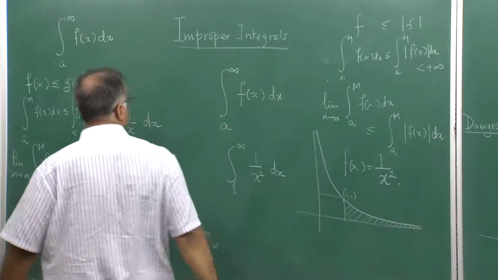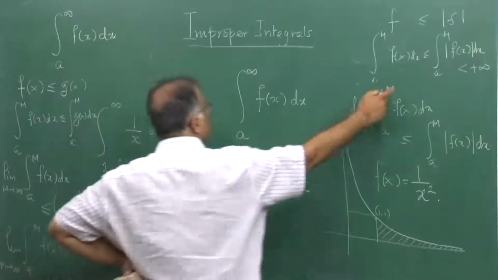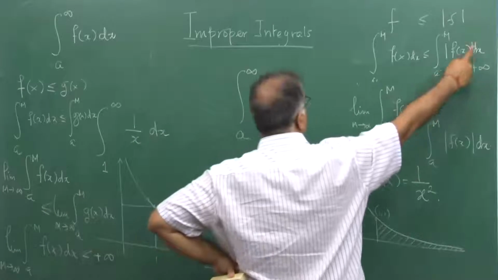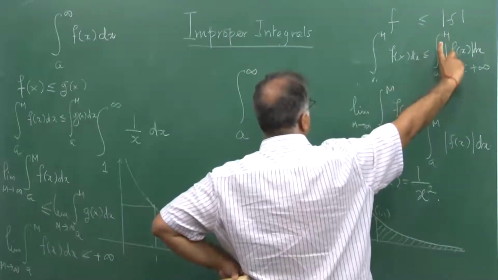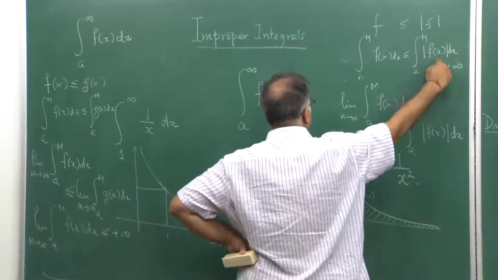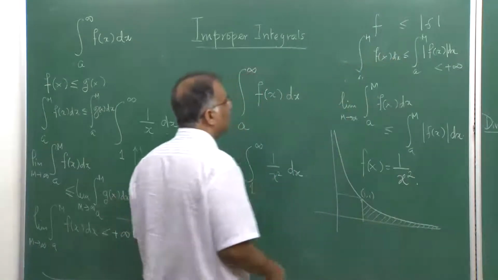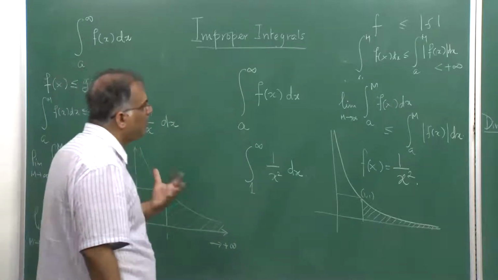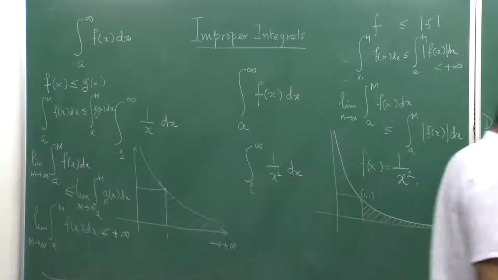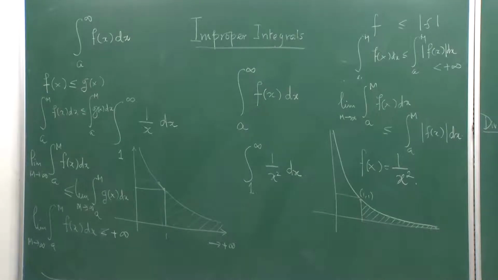Whenever I can get the improper integral of mod of f x, then I will immediately show that the integral of f will also exist. Then we call that the integral of f from a to infinity, f x dx, an absolutely convergent integral.